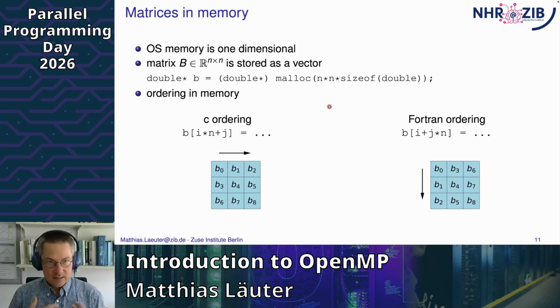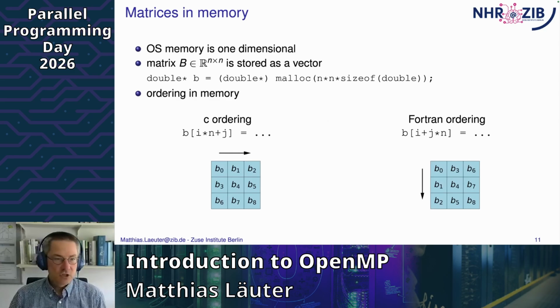So of course there's enough space available, but on the computer this memory space is contiguous as a vector. So how does the ordering work for us?